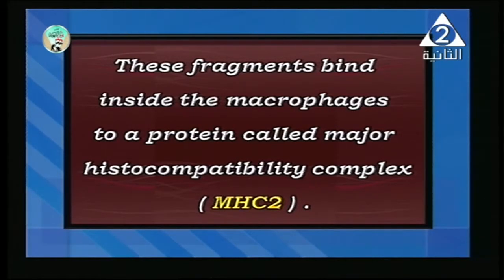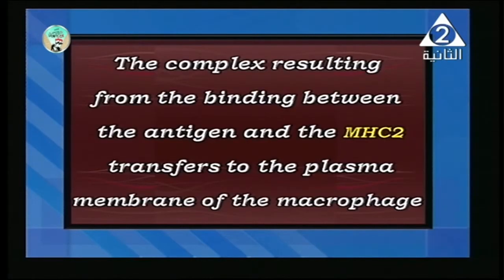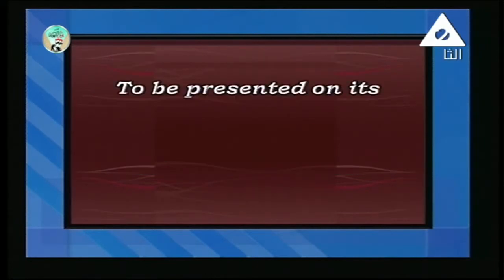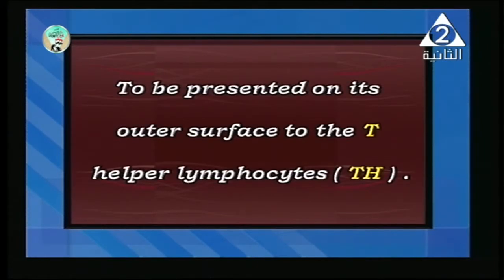This protein is called MHC2, or major histocompatibility complex. The complex resulting from the binding between the antigen and the MHC2 is transferred to the plasma membrane of the macrophage to be presented on its outer surface to the T helper lymphocyte.